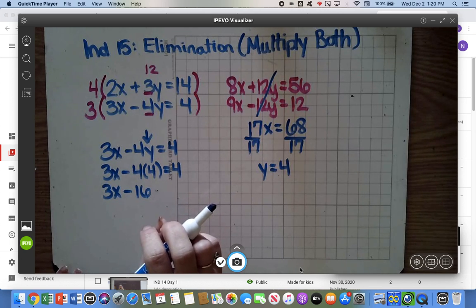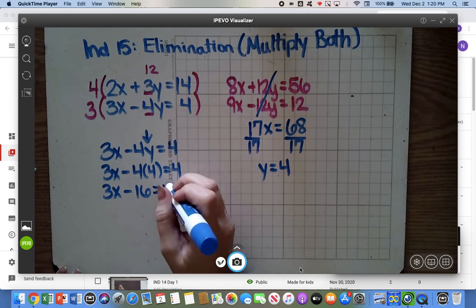Did I copy something down wrong? Just double check them.